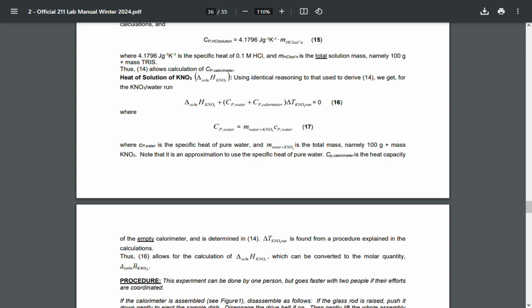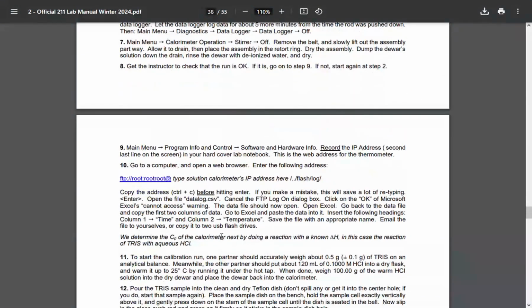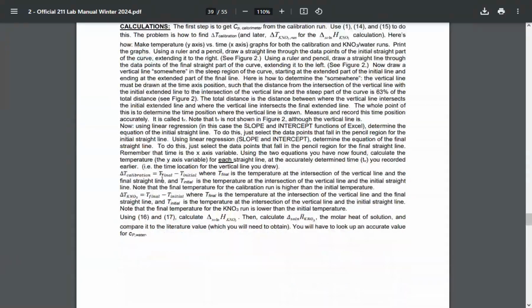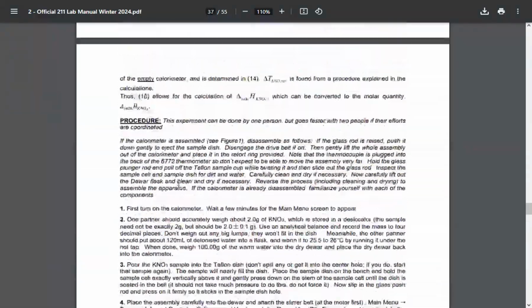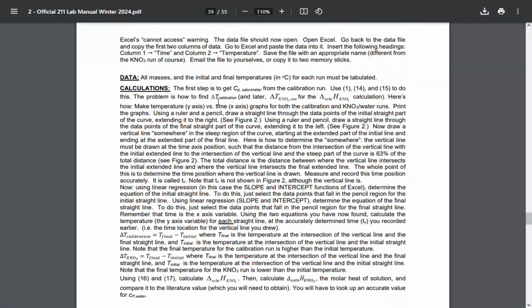Cp of the calorimeter is going to be the same. That's what we solved for in the equations before. And using these two knowns plus the known temperature change of the KNO3 reaction, which is determined through a procedure in the calculations part of this lab report further below, which deals with effectively drawing lines on the graph to find a specific intersection point.